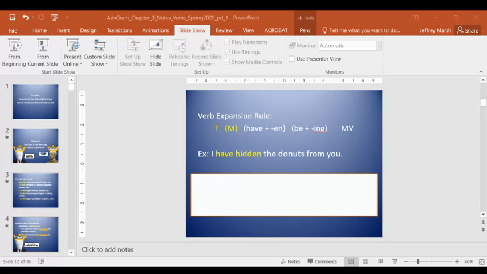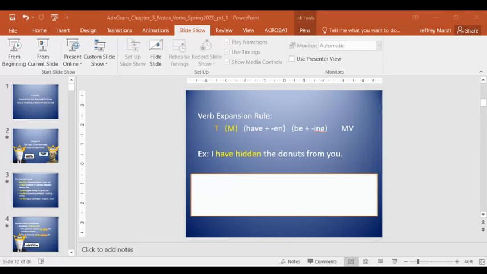And then after that, we notice that in a verb expansion rule, we have a possibility of a have. And I want you to see that when I use the word have, en will come with it. And that's going to be interesting because, once again, it's in parentheses, so it's optional. But anytime I use the word have or any form of the word have, let's see if I can change this over to a pen for us.